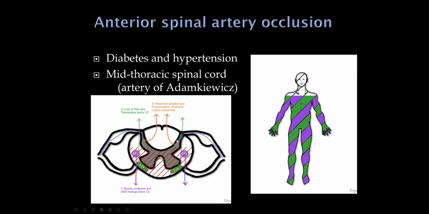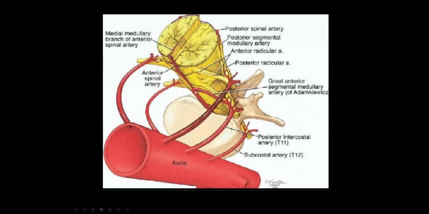And so because this is a stroke, stroke risk factors like diabetes and hypertension would be common. And there is a very important blood vessel here, the artery of Adamkiewicz, which I can show here on this section. So remember that the blood supply to the spinal cord is boosted by these radicular arteries.